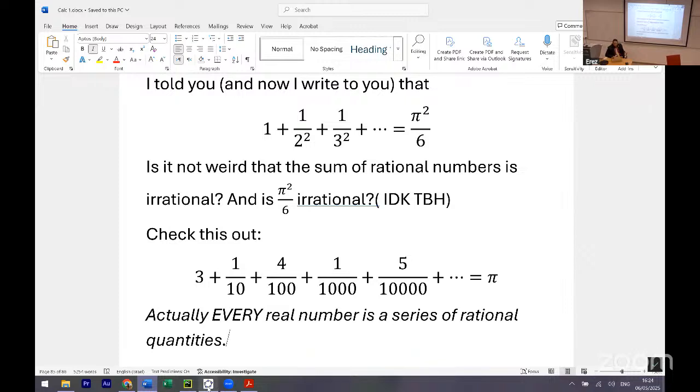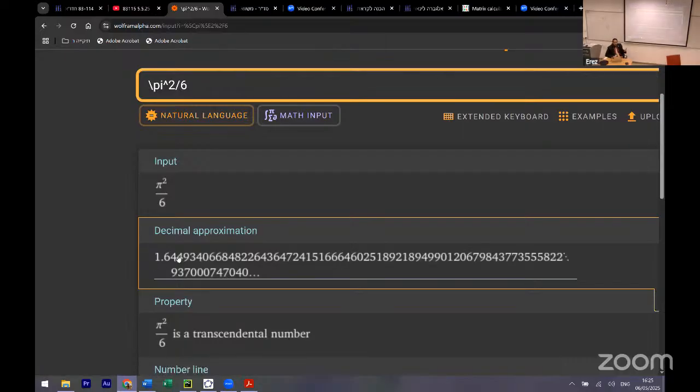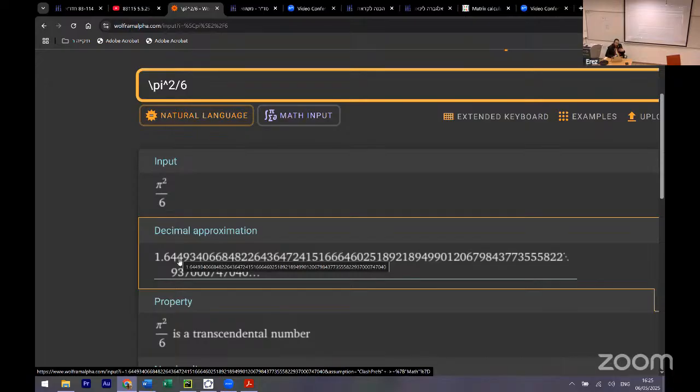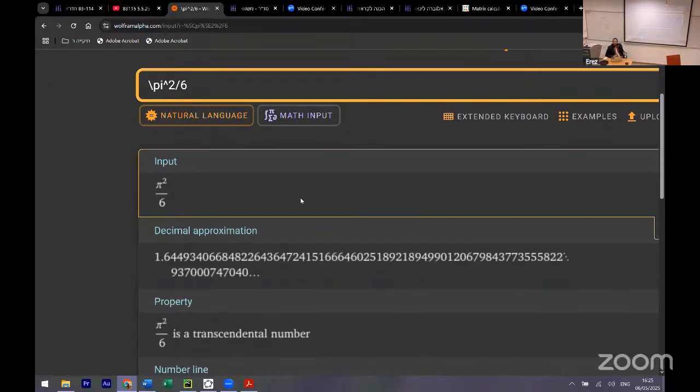Once Wolfram wrote 1.6449340. It basically tells you 1 plus 6 over 10 plus 4 over 100 plus 4 over 1,000. It always gives you a series. That's the main way we actually look at real numbers.